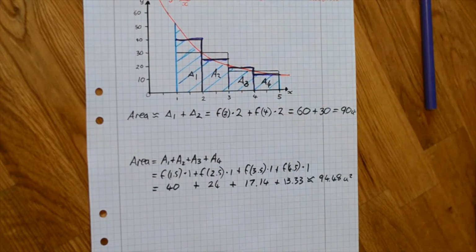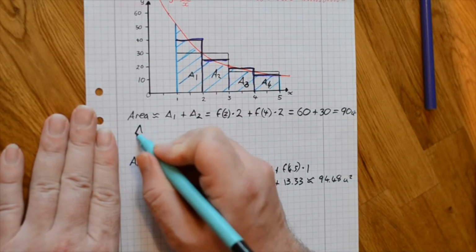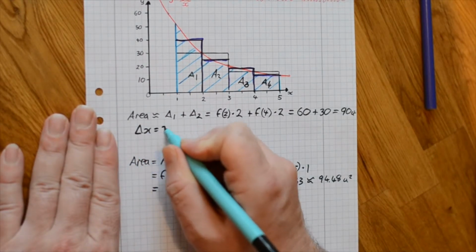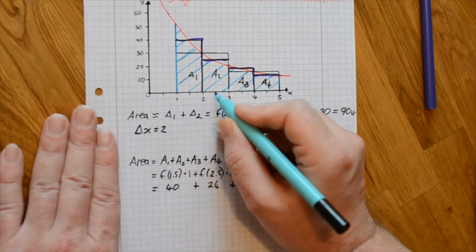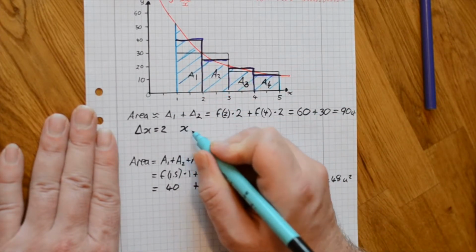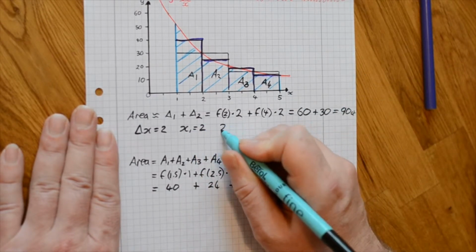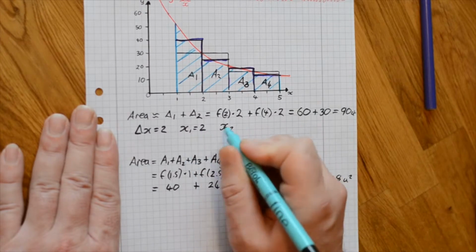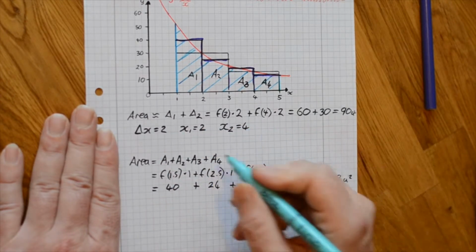Now, in this first example we had a change in x equal to 2. Our first height was at x equal to 2. So our first x is x equal to 2. Our second x, the change in them goes up by 2 every time, so 2 plus 2, 4.